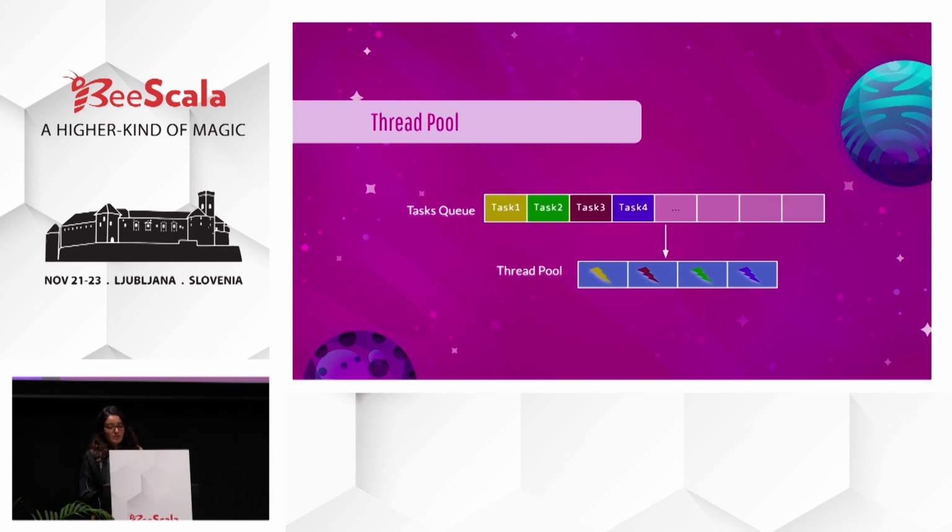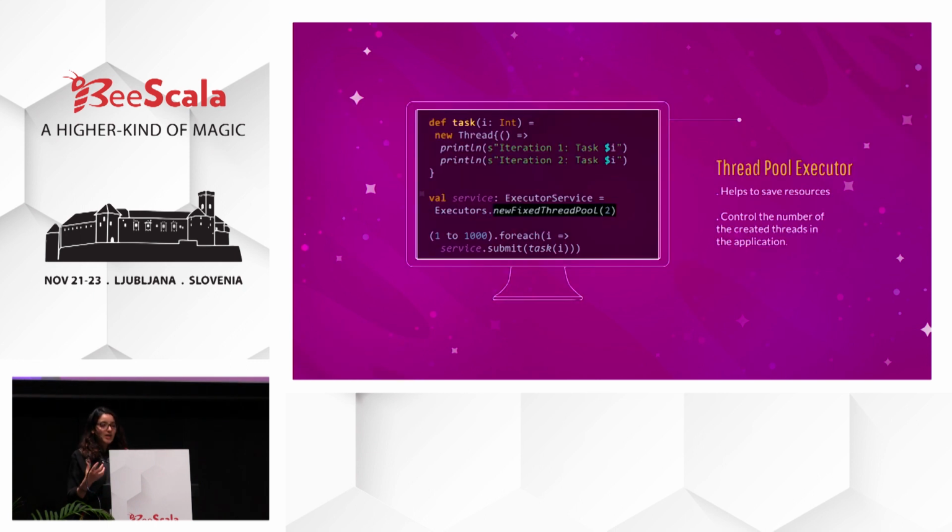In the thread pool, you can decide how many threads you want to use in your JVM and how you would like to schedule them. This helps you to save resources.